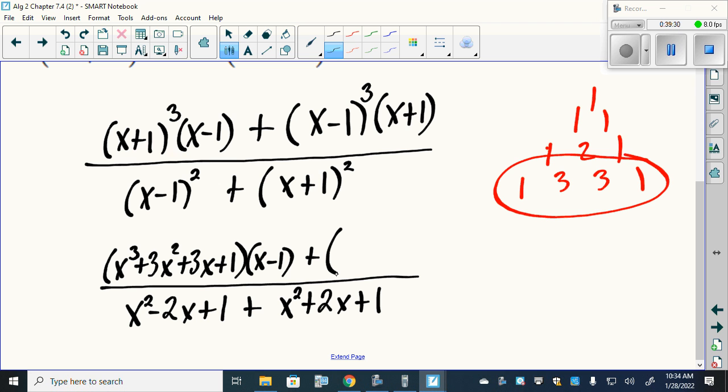Now the second one is going to be really the negative 1 will be to the first power, as it is b, so we'd actually get x cubed minus 3x squared plus 3x minus 1 times x plus 1.